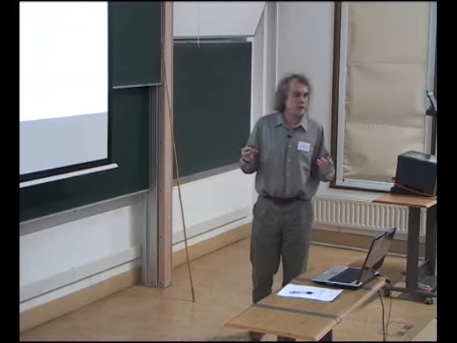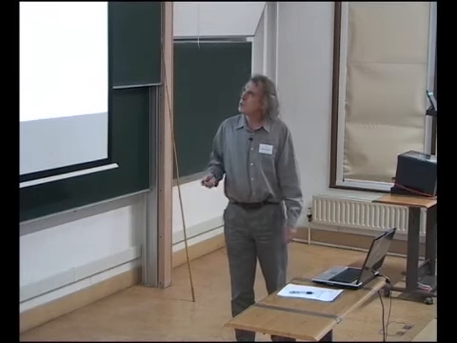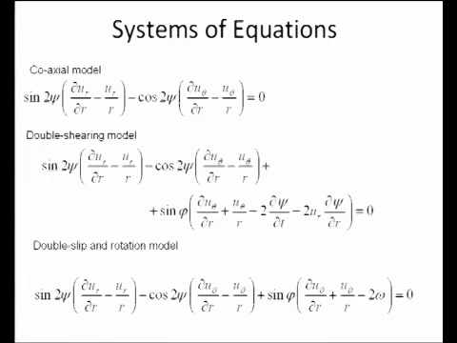The only difference in the models occurs in the last equation, which relates the state of stress and strain rate. In the case of the coaxial model, the equation is given here, where psi is the orientation of the major principal stress relative to the r direction.